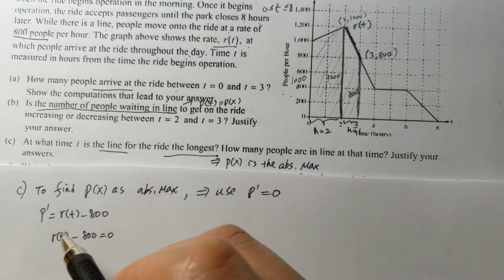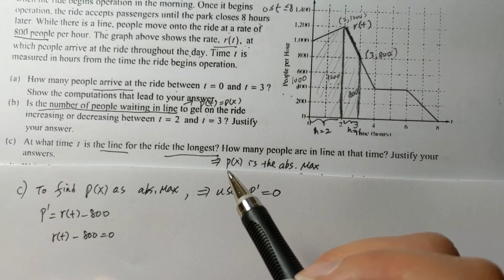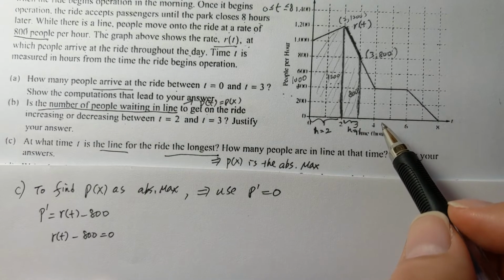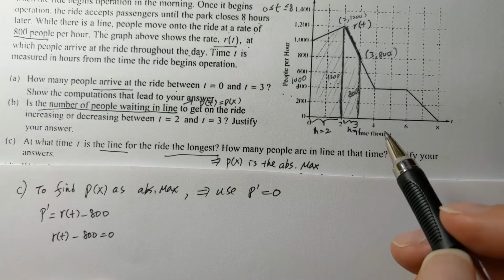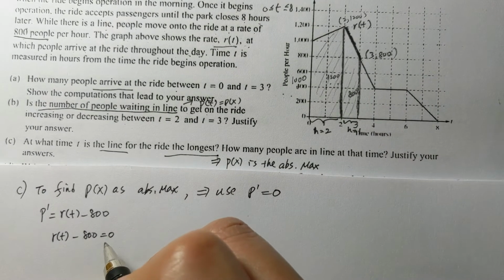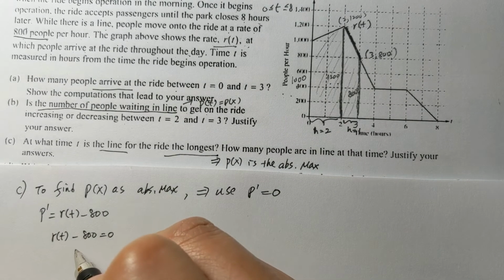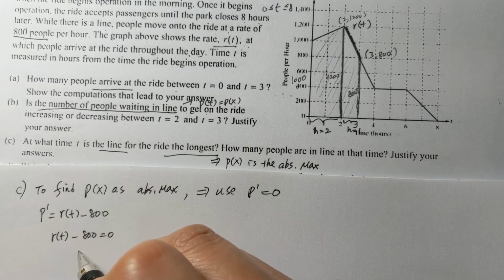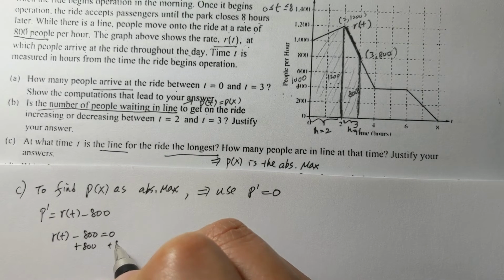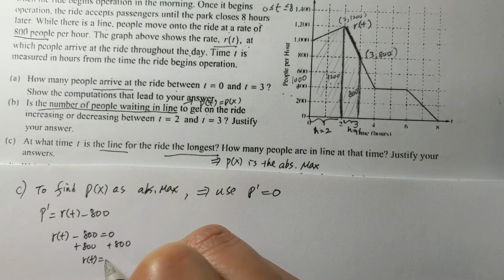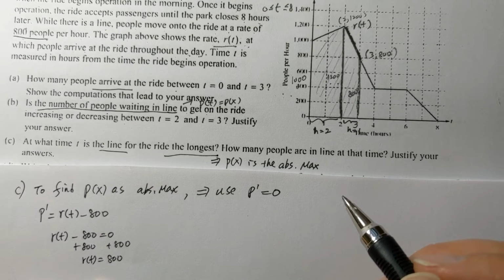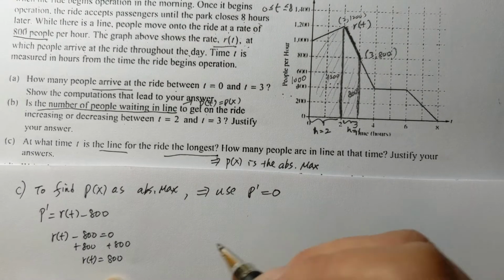And we cannot substitute this into a calculator or type it in a calculator because R(t) is a graph given over here. So because R(t) is a graph, I'm going to add 800 to both sides first. So R(t) equals 800 when?